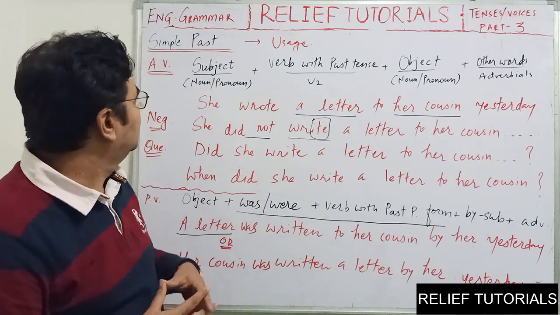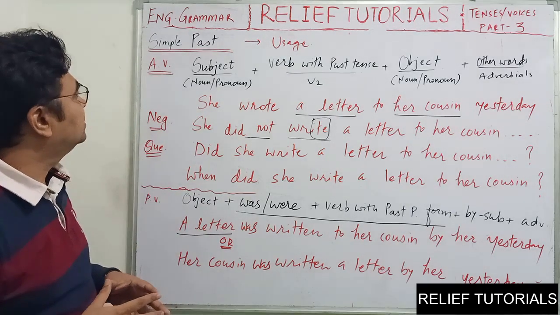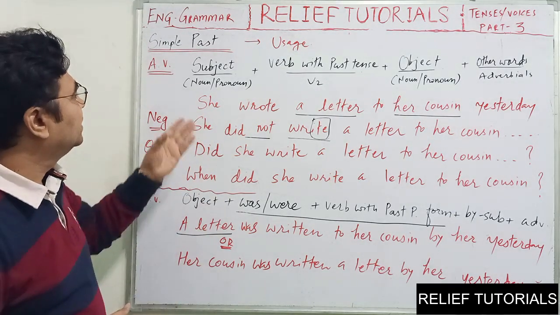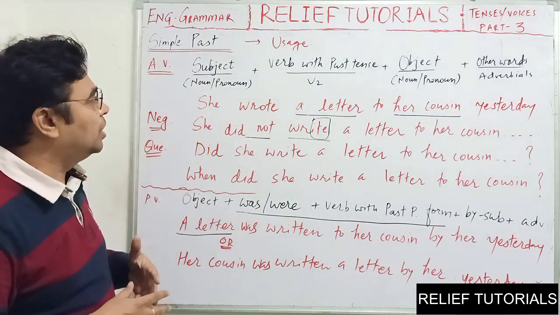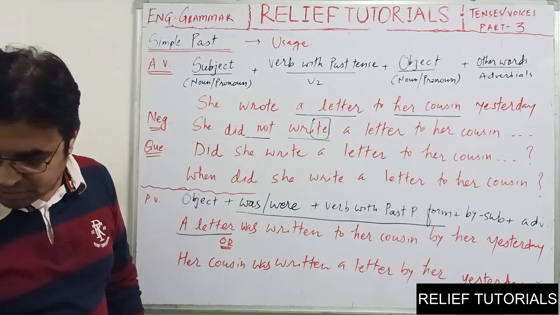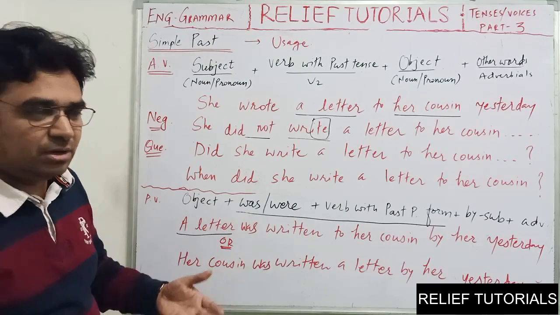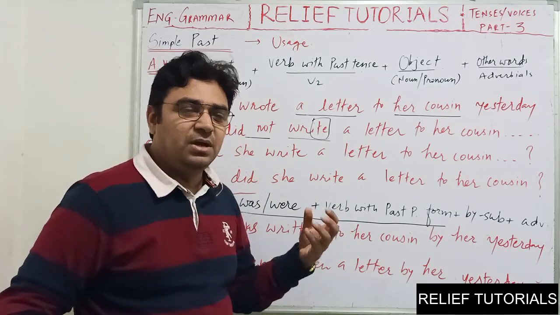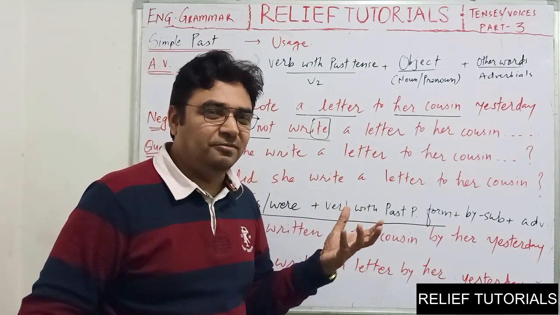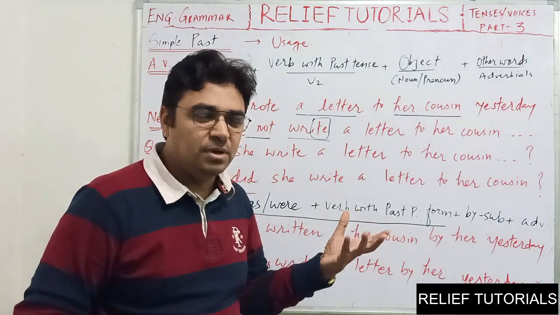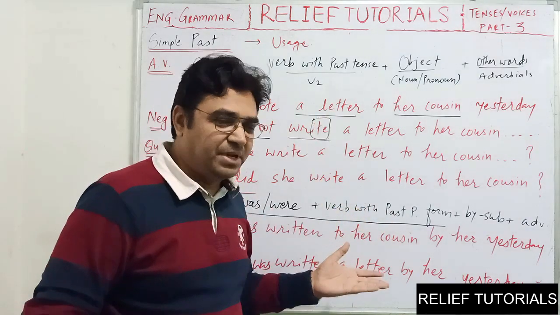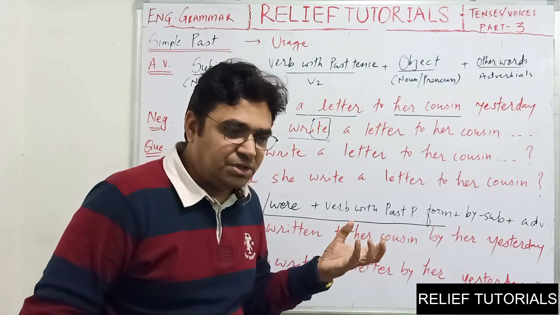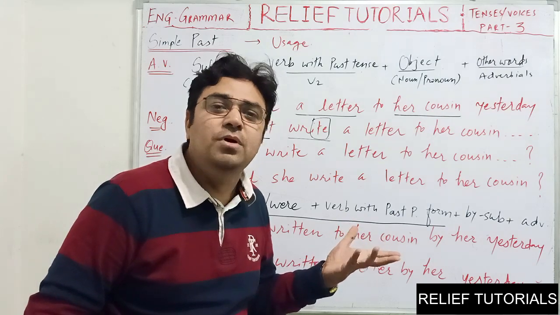So the active voice sentence formation is here. Subject, again noun or pronoun. Now the main change, as you already studied, tenses are all about finite verbs, different forms of verb. So in all the tenses, what changes is only the verb.